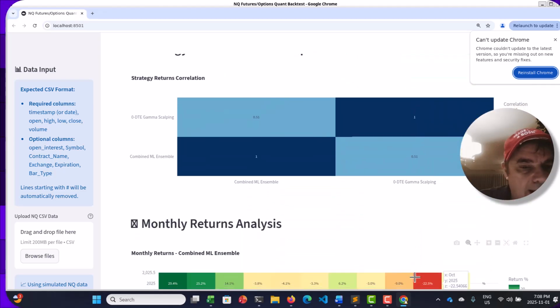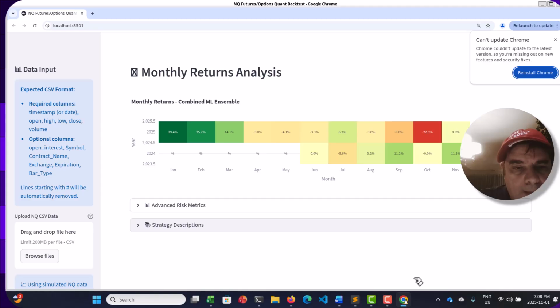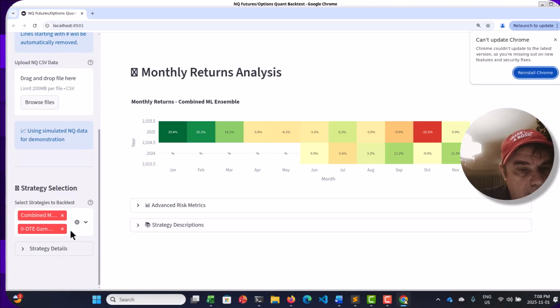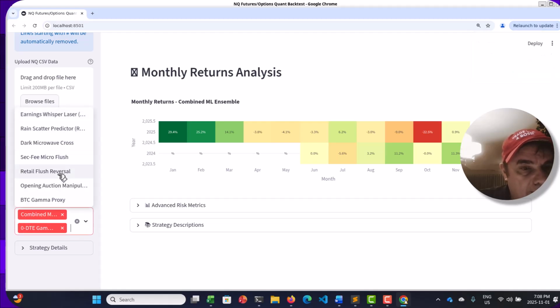So as you can see here, this is built around simulated data. Okay, so here we got a bunch of strategies again. These are fed in based upon what the AI told me the biggest trading firms are using.